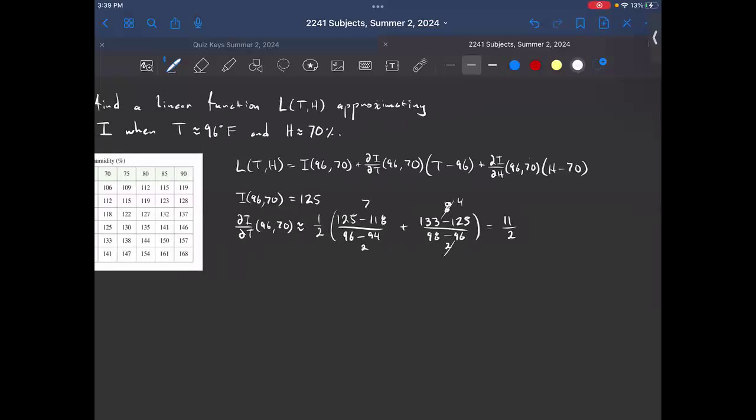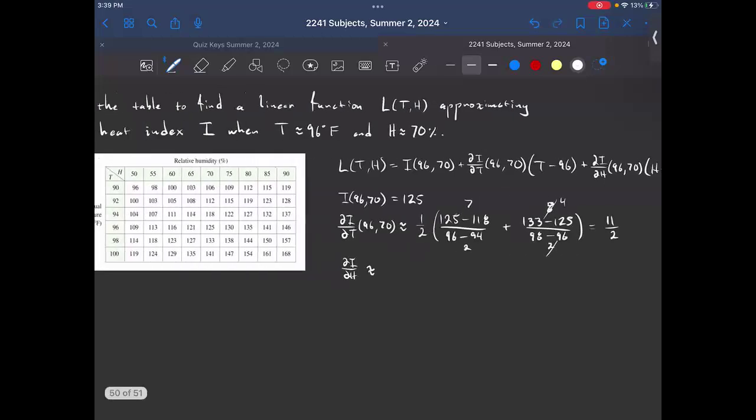All right, so we do the same thing for dI/dH. And this time I'm just going to leave the inputs unwritten because they're the same. But this time we're going to go in the horizontal direction because now the humidity changes in that direction.